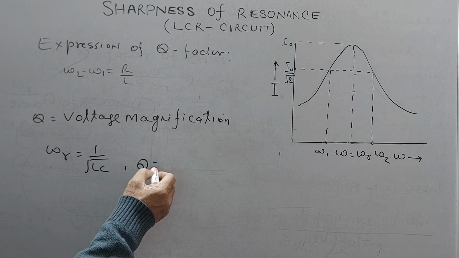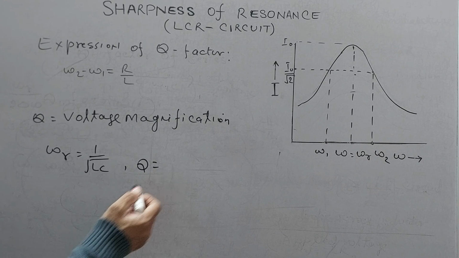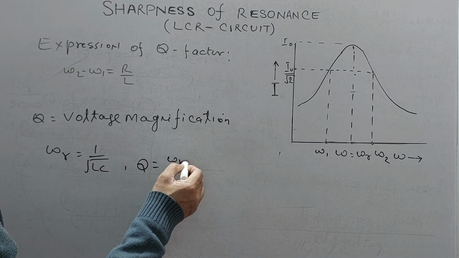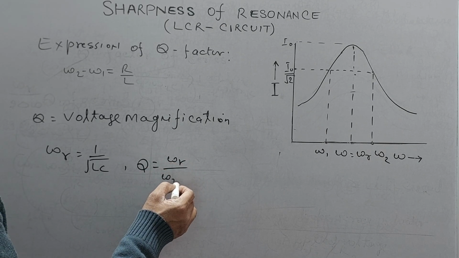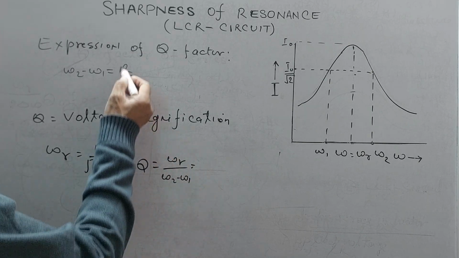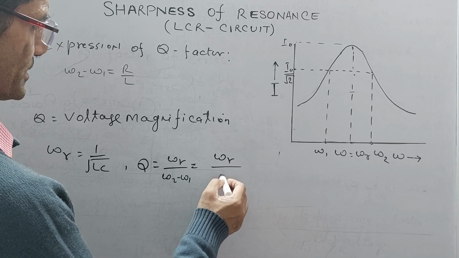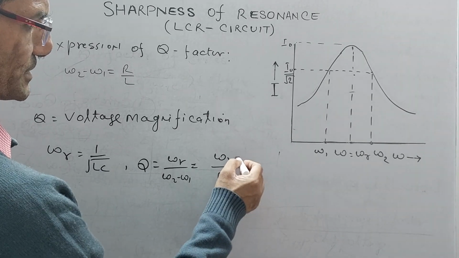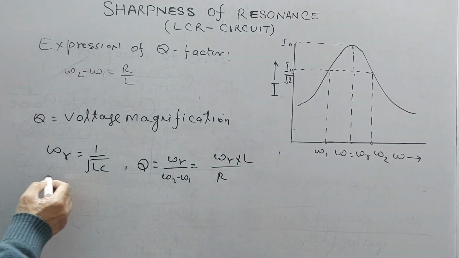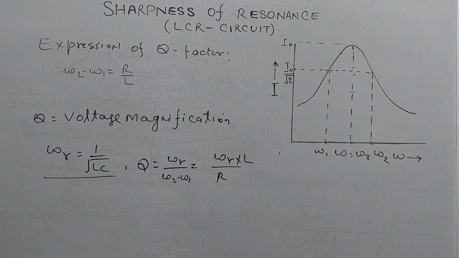Now for your quality factor, same way as in the earlier case, resonant frequency divided by omega 2 minus omega 1, which has the value R upon L. Resonant frequency divided by R divided by L, L goes in the numerator, and using this value we need to remove the L from here.